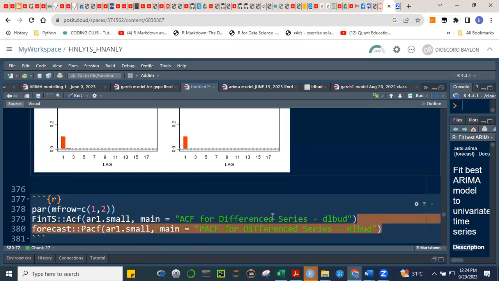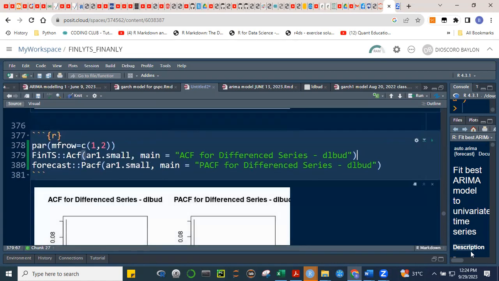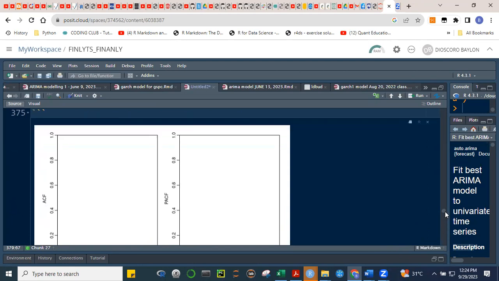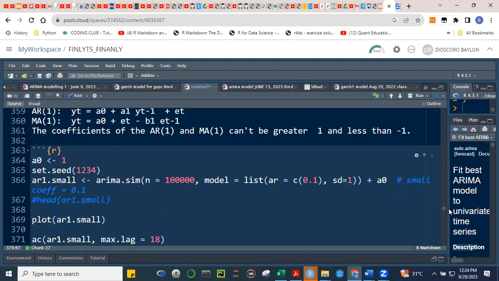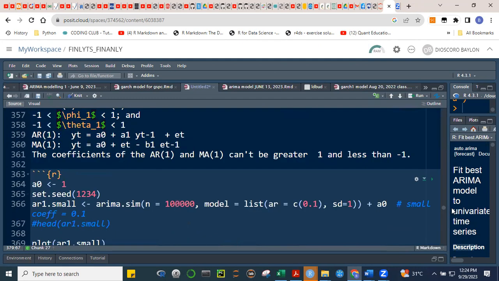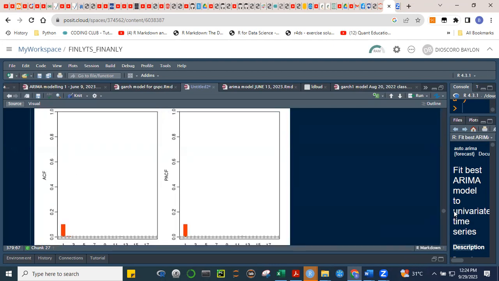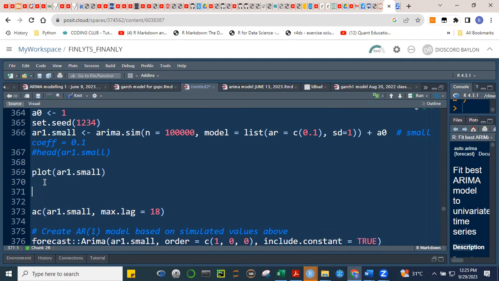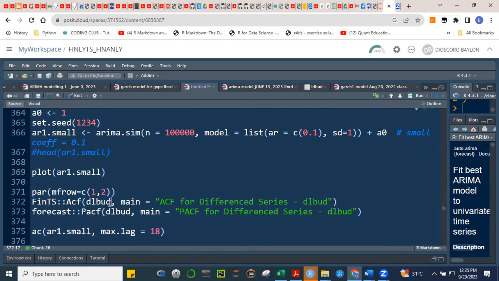So let's run this ACF and PACF of AR1.small and see if we can indeed see its behavior. Where is it? Did I copy it? Wait, it seems there's nothing. Control V. I think I deleted it, sorry.